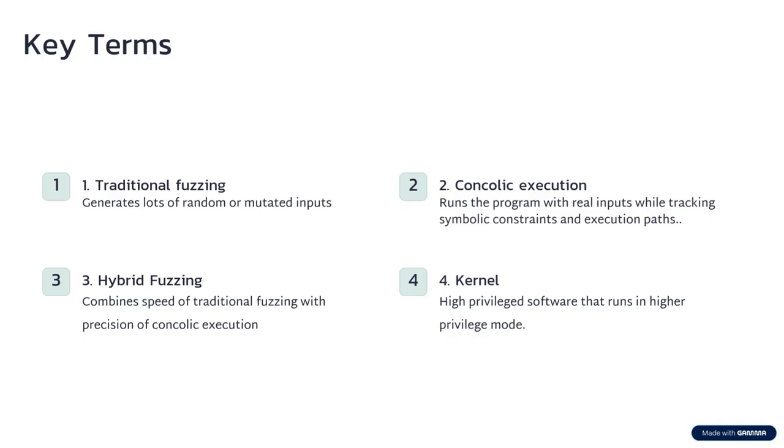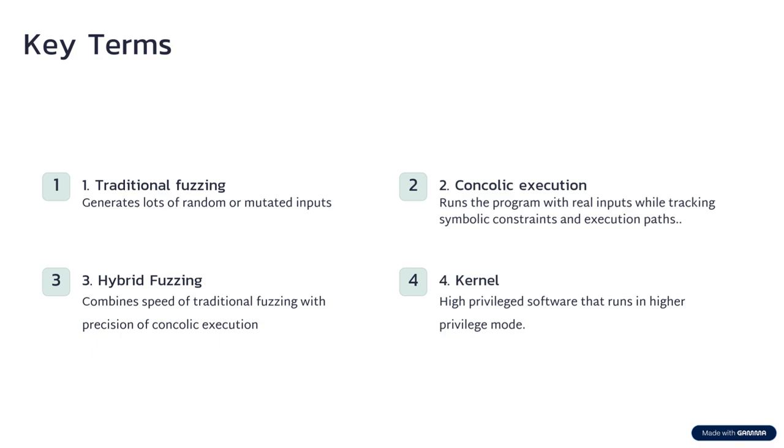Some of the key terms I want to go over in this presentation are, first, traditional fuzzing. Traditional fuzzing is a process that automatically generates large numbers of random or slightly modified inputs, and runs them in a program to see if it crashes or behaves incorrectly.